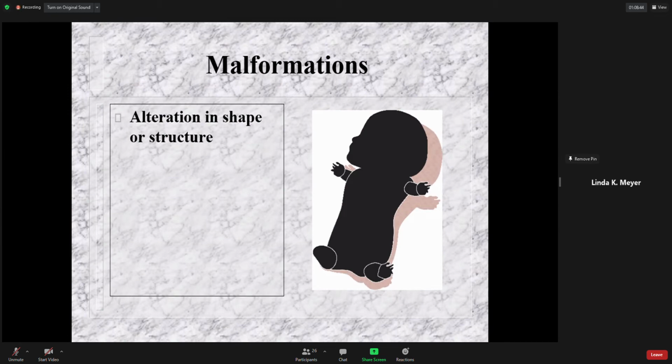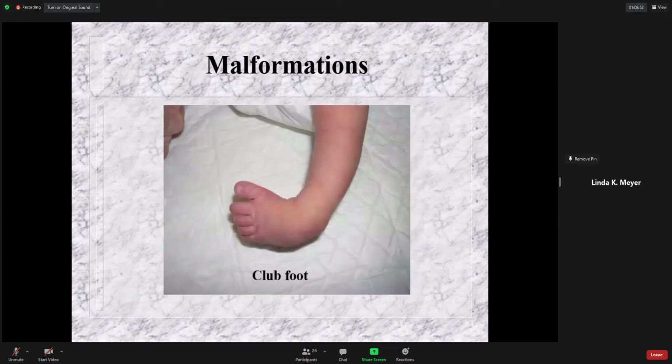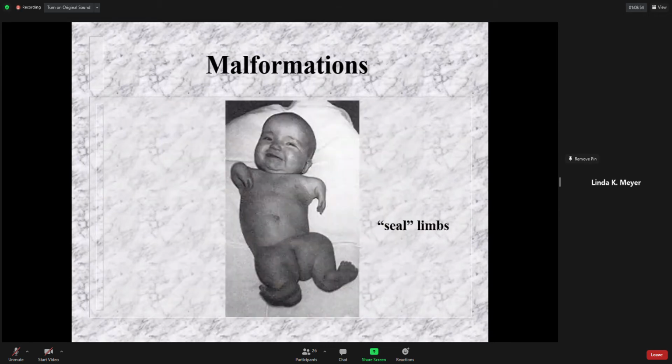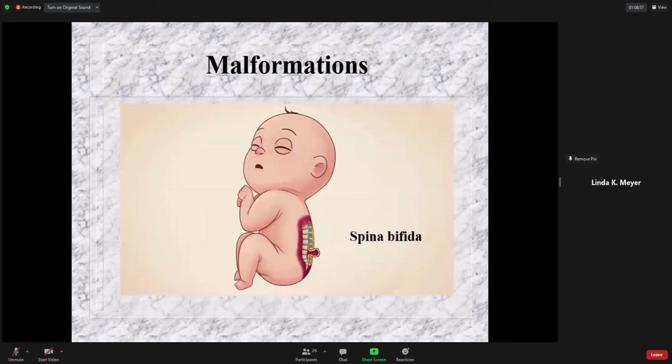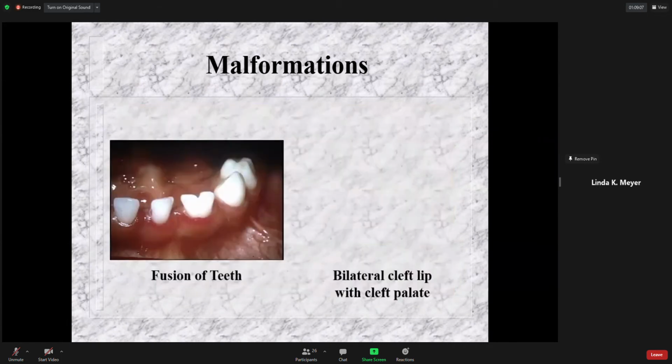So those thalidomide babies with their stunted, seal-like limbs, or a club foot. Spina bifida can lead to a whole variety of malformations. Even just this little example in the oral cavity, here's an example of fusion of two teeth, a primary central with a primary lateral.